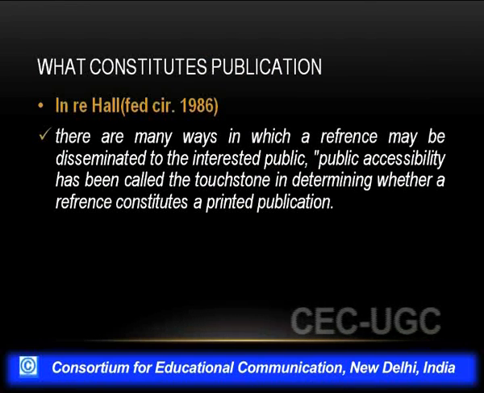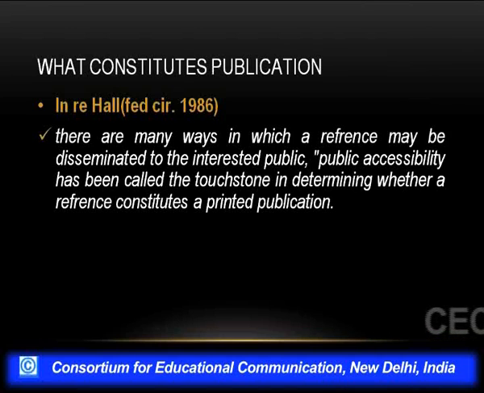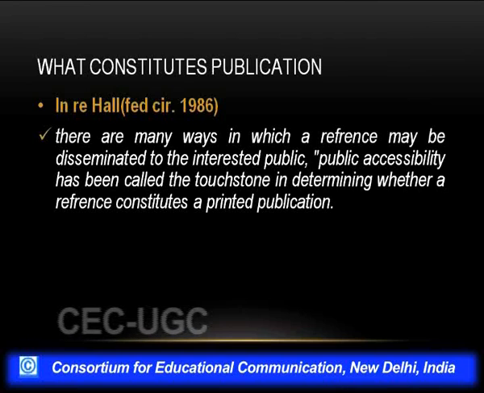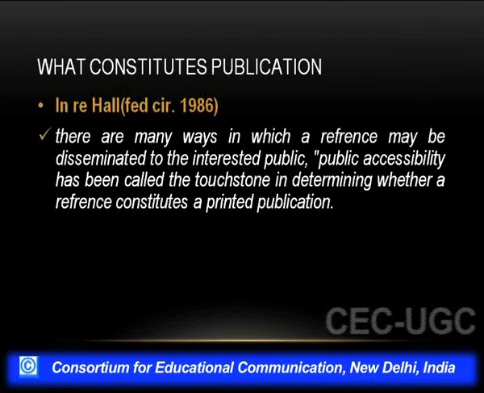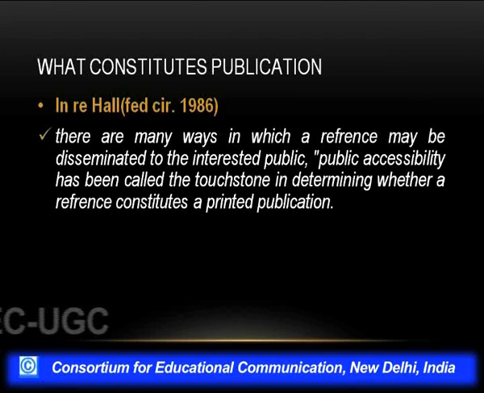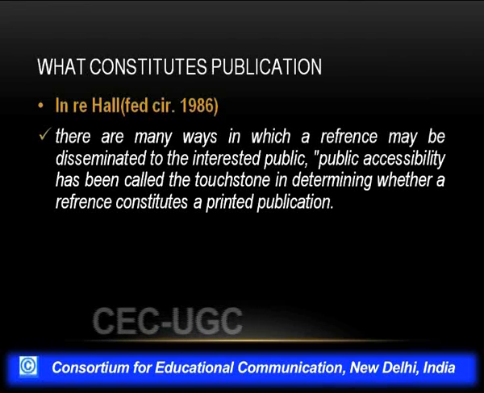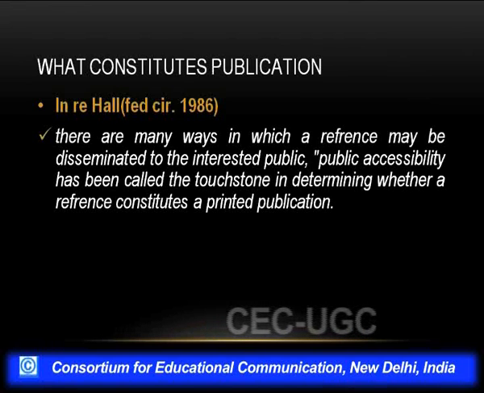It means we will have to see whether the published work, or so-called published work, which is in question, was accessible to the public. If it was not accessible to the public, would that still be called a publication for the purposes of determining the novelty?